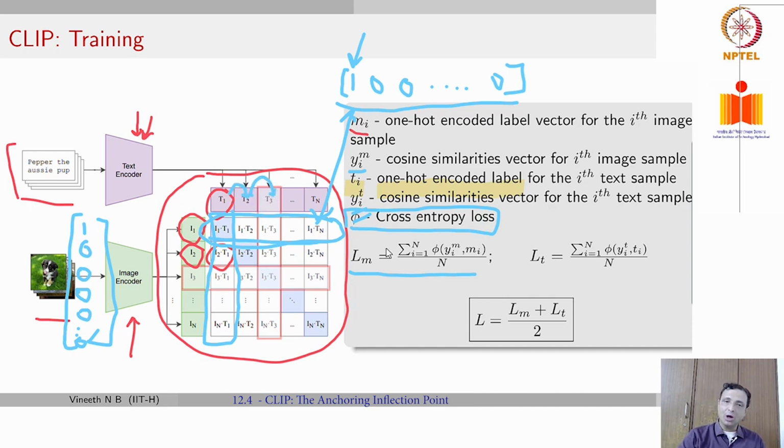So you have one loss that comes from matching rows or images, and another loss that comes from matching columns or the text corresponding cosine vectors. And the overall loss used to train our text encoder and image encoder is the combination or the average of these two loss functions.